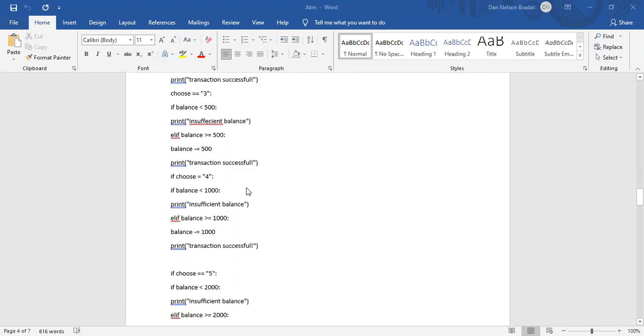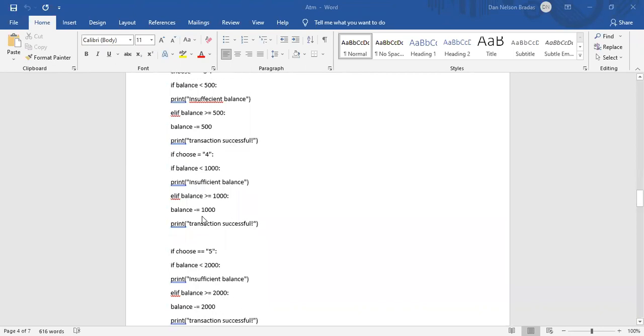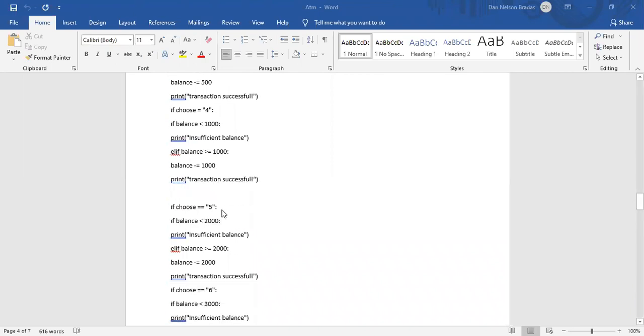If the chosen is assigned to 4, if balance is less than 1000, print insufficient balance. Else, balance is greater than or equal to 1000, then balance decreased by 1000. Print transaction successful. If the chosen is assigned to 5, if balance is less than 2000, print insufficient balance.